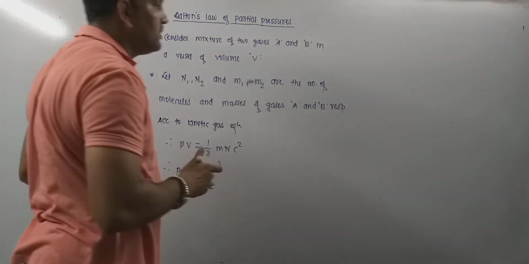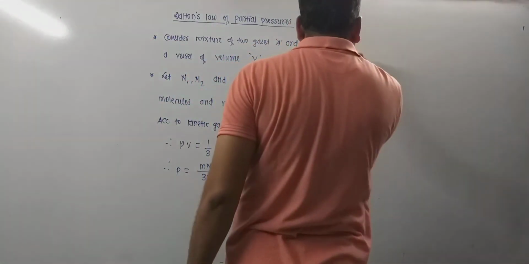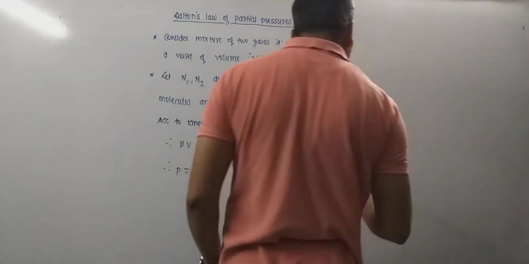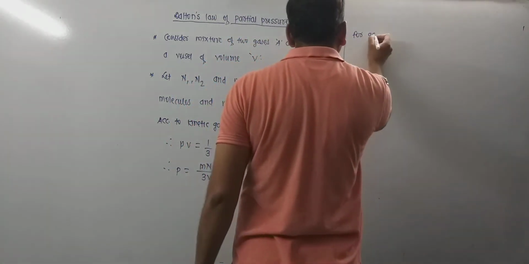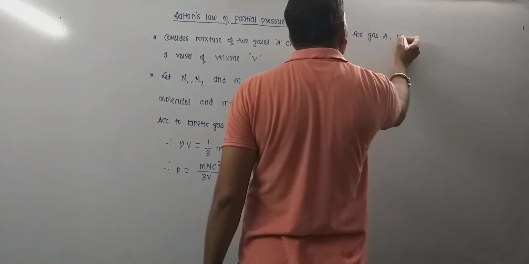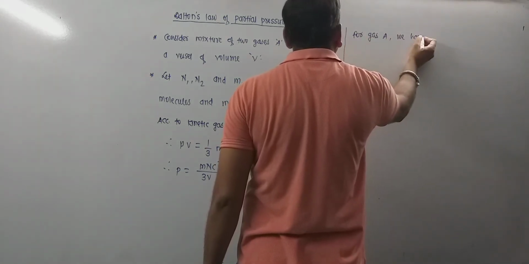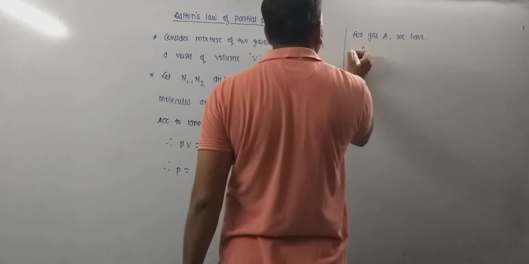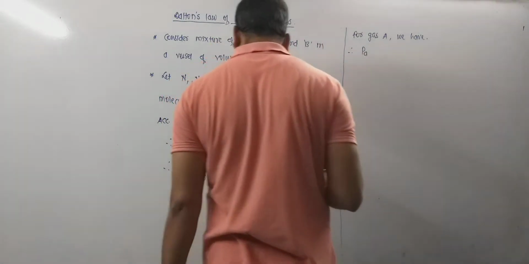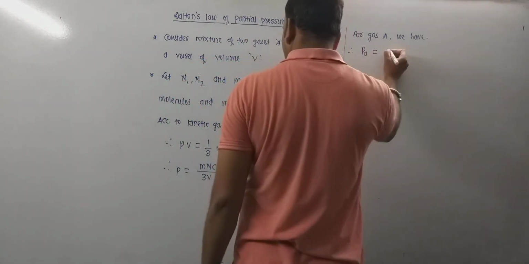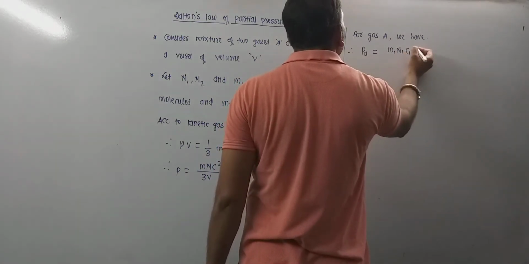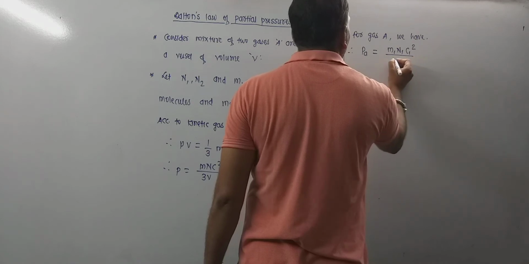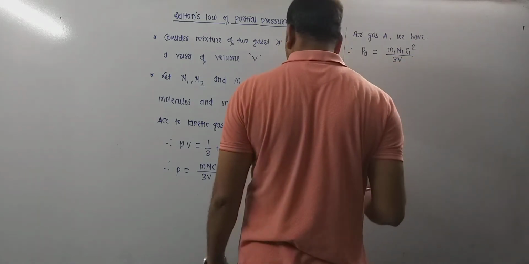Now for gas A, we can write PA, the pressure of gas A, which is equal to M1 N1 C1 square by 3V.